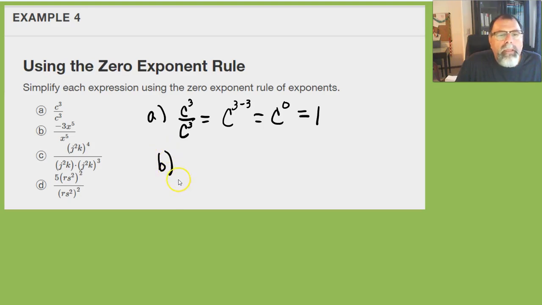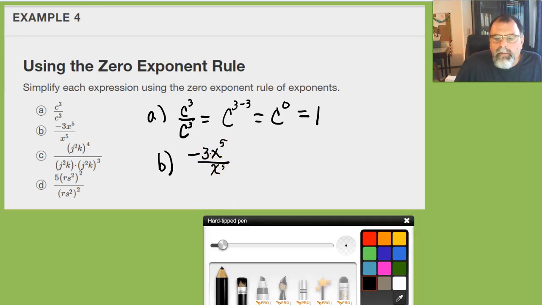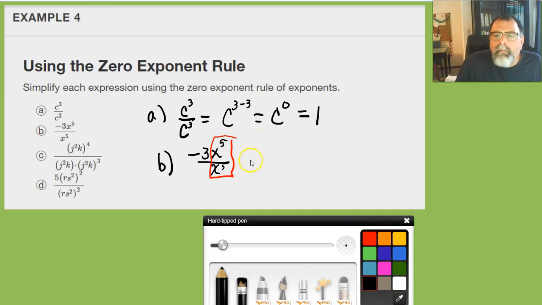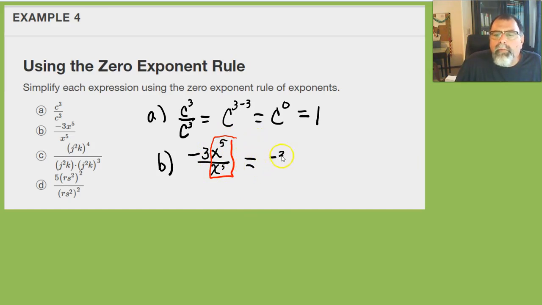Alright, moving to B. Now on this one, remember, negative 3, even if you have a number next to the letter, there's a times right there. We just don't write that dot. So this part here, that will get us negative 3, x, 5 minus 5 is 0.